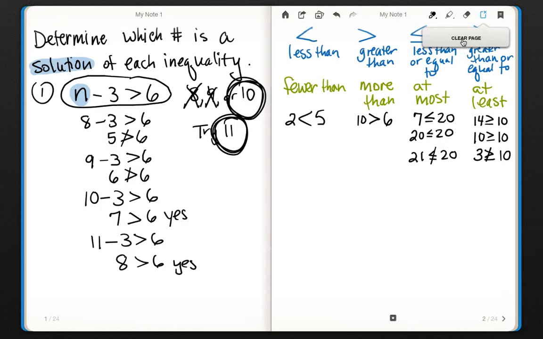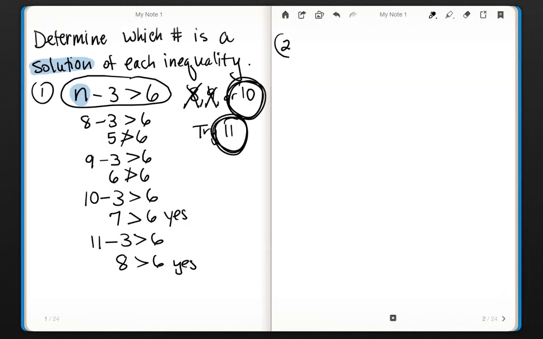Okay, let's do these same directions and try another one, number 2. We'll do m plus 9 is greater than 13. And we want to see which of these numbers, I'll write some numbers down, 3, 5, 7, will make that inequality true.